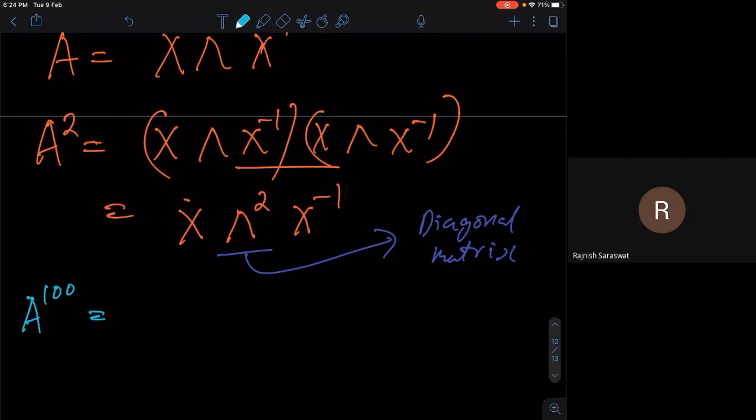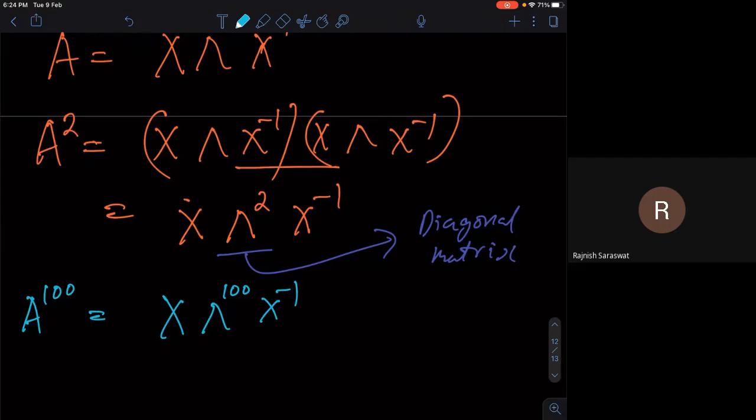You are going to get x gamma to the 100 x inverse. We are coming back to the same idea: to compute A raised to 100, this is a much better method.